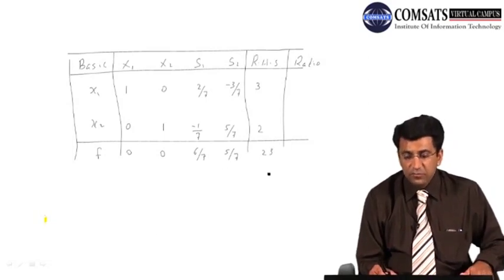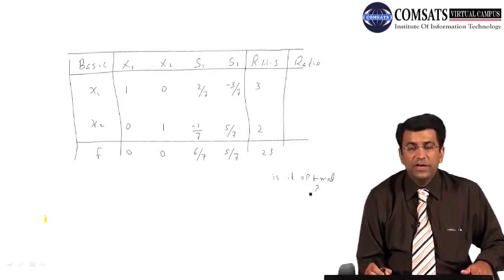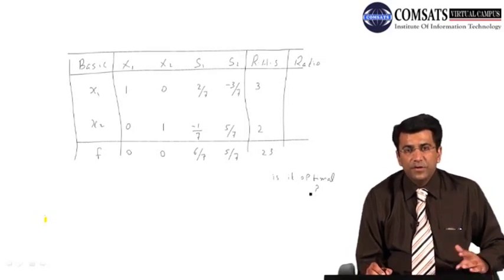Now class, again we'll have to check whether it is the optimal table or solution or not. Again I am repeating the condition of optimality, that for the condition of optimality the values of all the coefficients of objective function in these types of table must be positive.